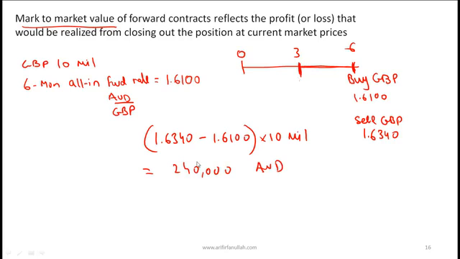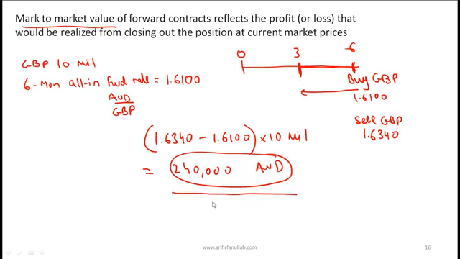But we are marking to market at this point in time. So we need to take the 240,000 Australian dollar profit at the end of month 6 and find the present value over here. So to find the present value, you take this number and discount based on the interest rate. The interest rate obviously is the Australian dollar interest rate, since that's the currency we are using over here.